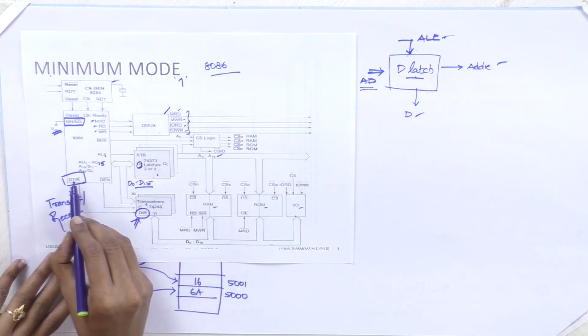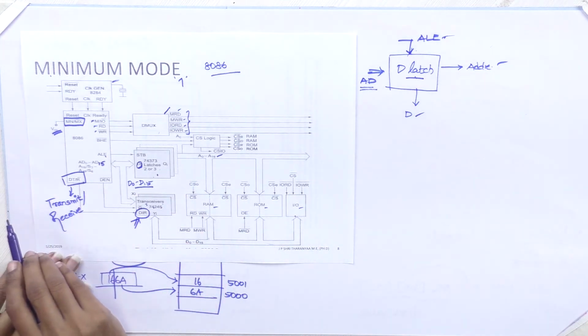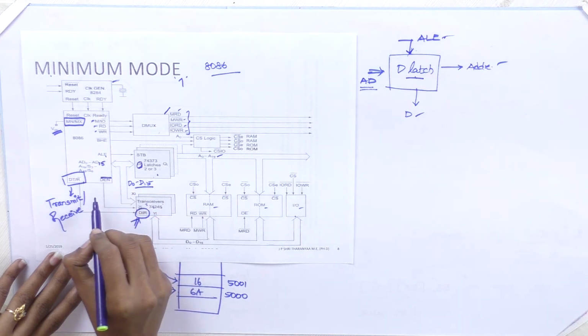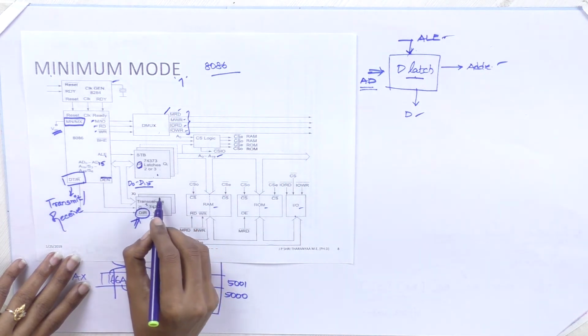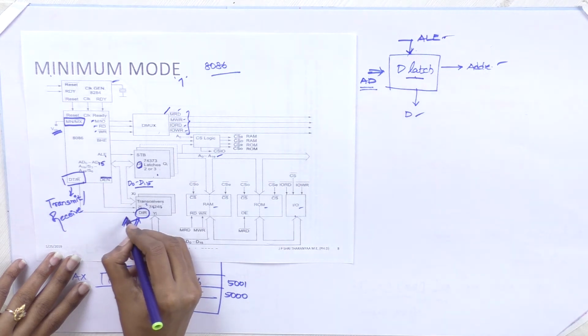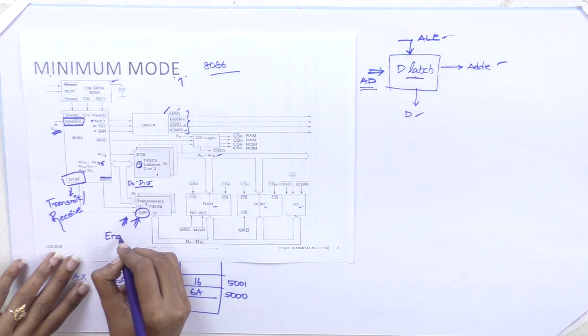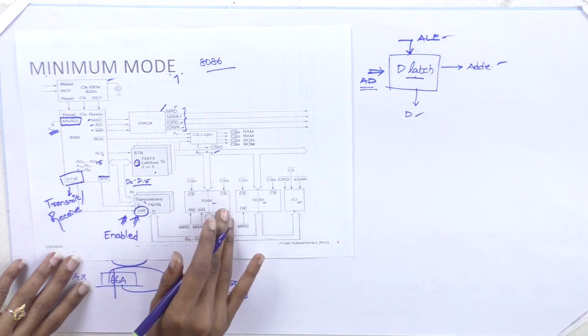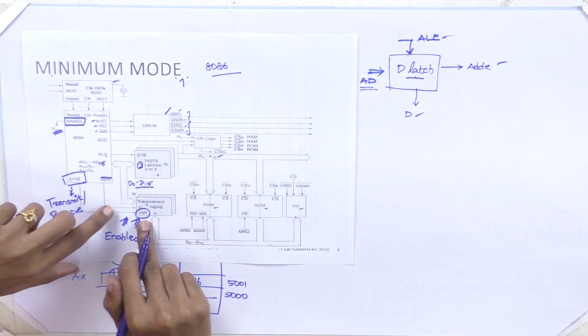That is decided by the DT/R bar. Then the data enable signal will enable this transceiver IC. Unless this transceiver IC is enabled, we can't perform any transmission or reception of data operations, fine.